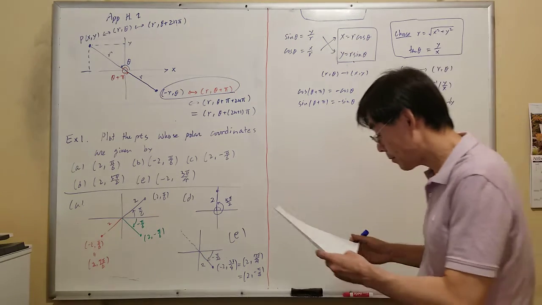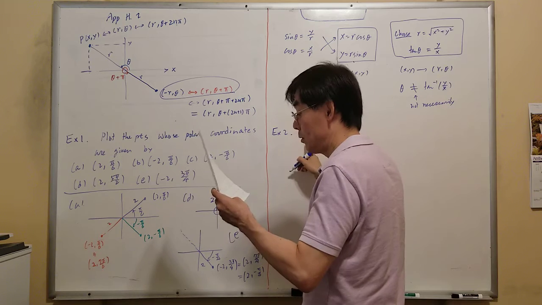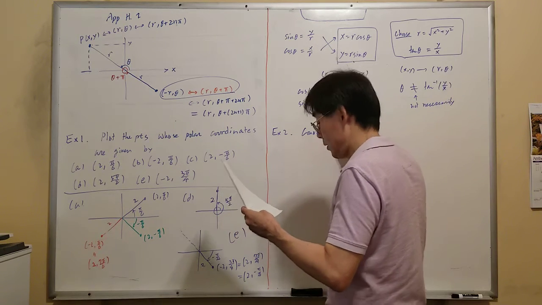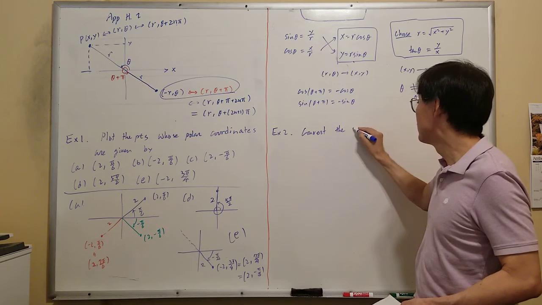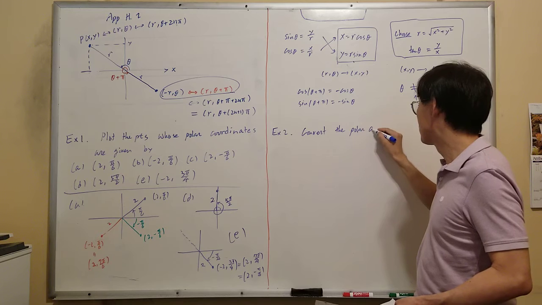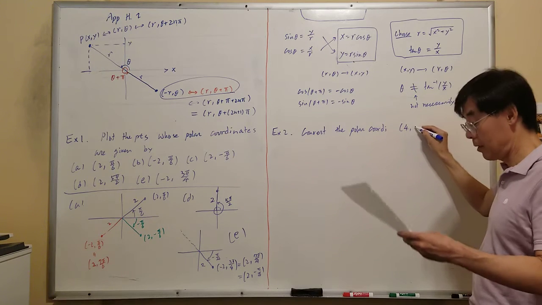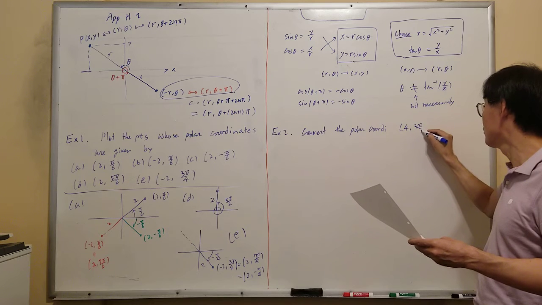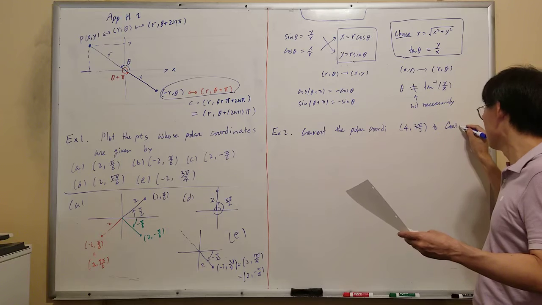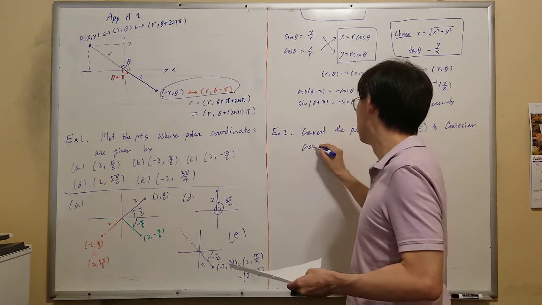Okay, let's do some examples. Example 2. Convert the polar coordinate 4, 2 pi over 3 to Cartesian coordinates.